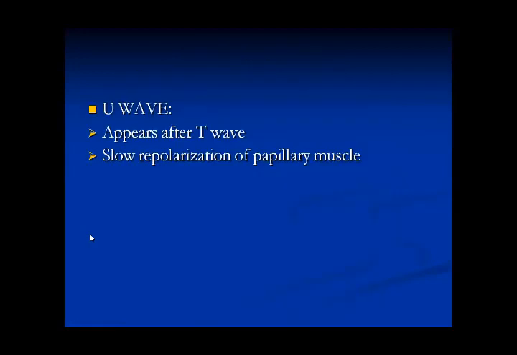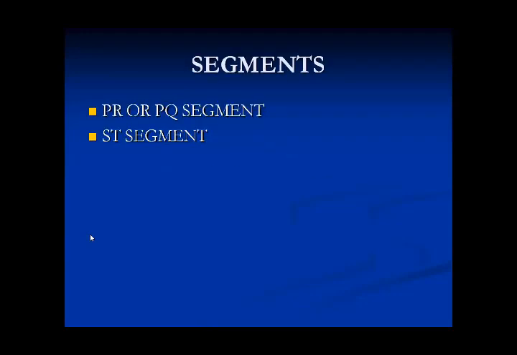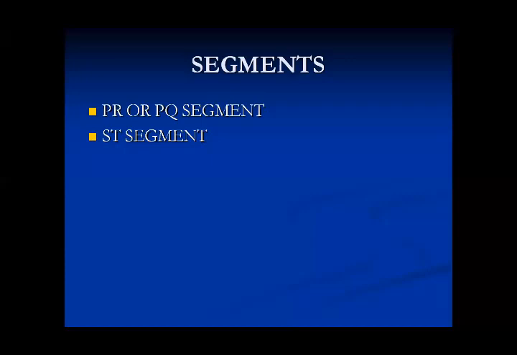So when there is a slow repolarization of the papillary muscle, you get a U wave. Now, coming to the segments: the PR or PQ segment.